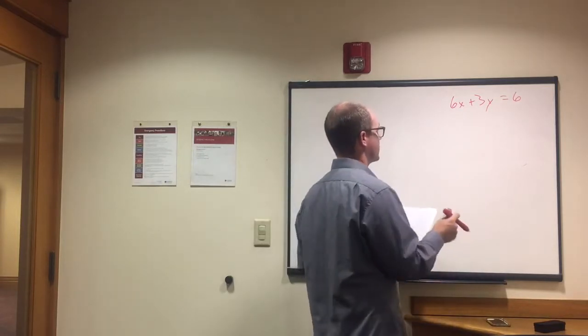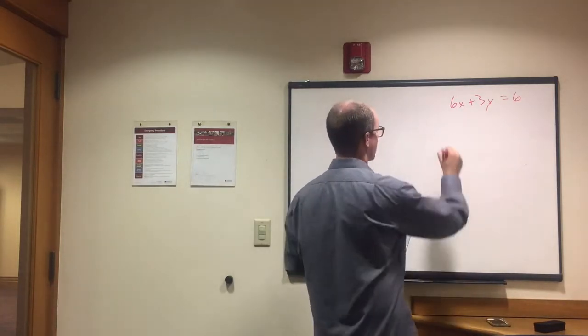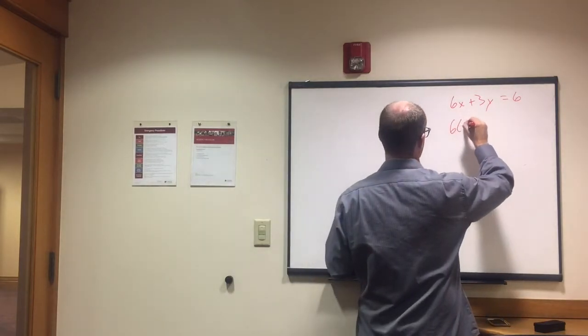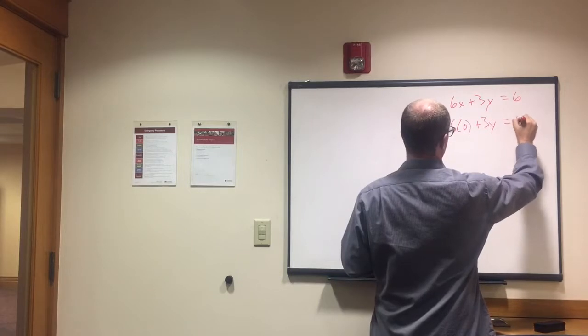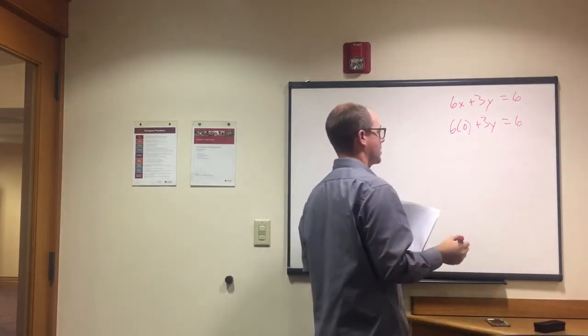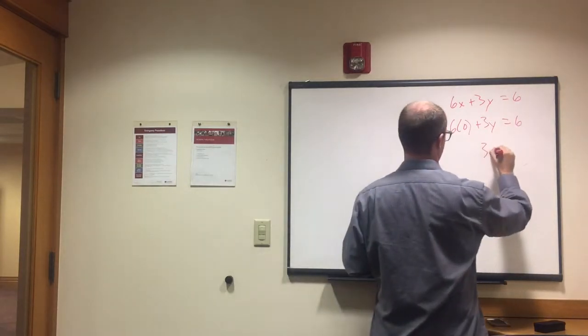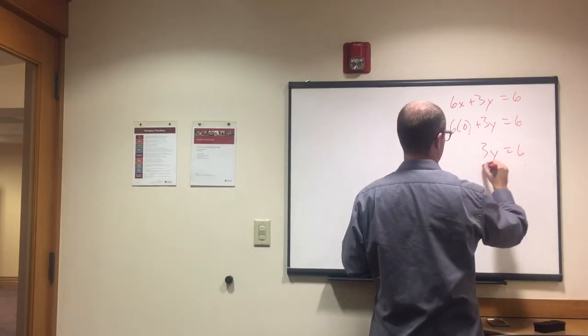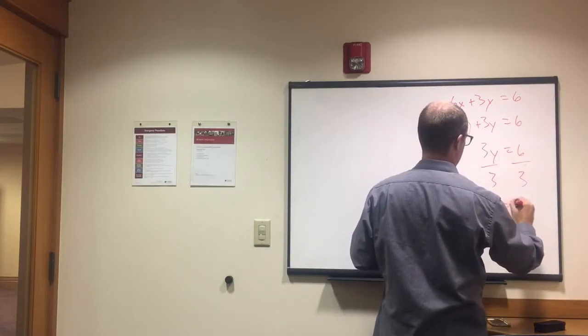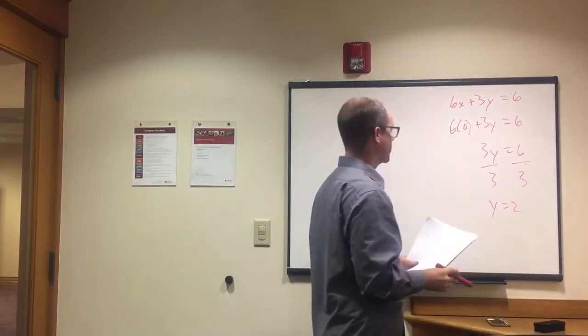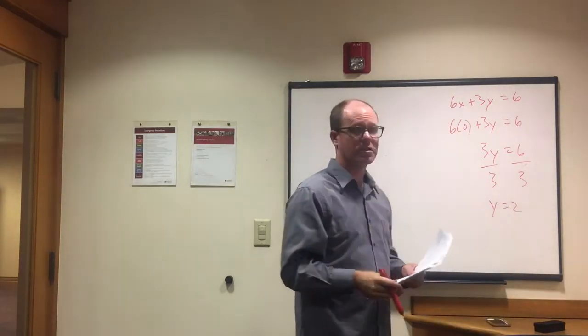So if x equals 0, that means 6 times 0 plus 3y equals 6. Okay, 3y equals 6. Divide each side by 3. Y equals 2. And that would be the y-intercept there.